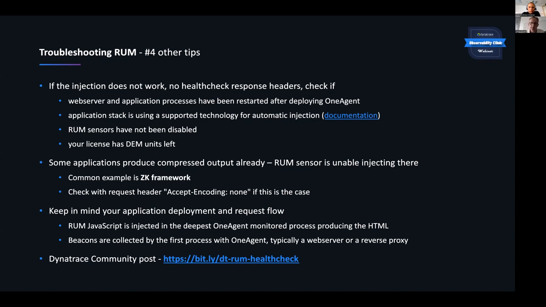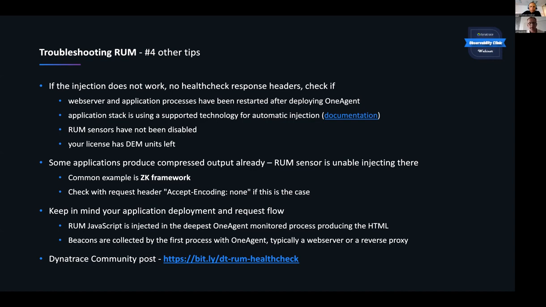For example, an application server produces the HTML, and then it's served back to the user using some web servers and reverse proxies. The script tag is already injected there, so issues with injection are probably on the deepest monitored process. And the beacons are collected on the first process with OneAgent.